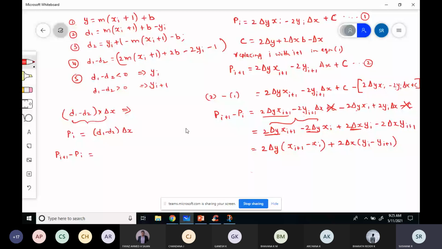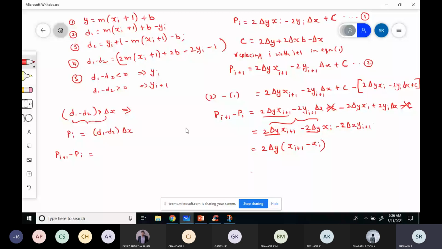Or you can do it the other way around also. Instead of taking it like this, you can keep the equation as it is, because y of I plus 1 will be greater, so we'll go with that part only. 2 delta x y of I plus 1, because y of I plus 1 is greater, plus 2 delta x yi.